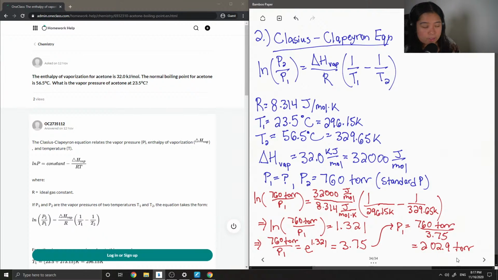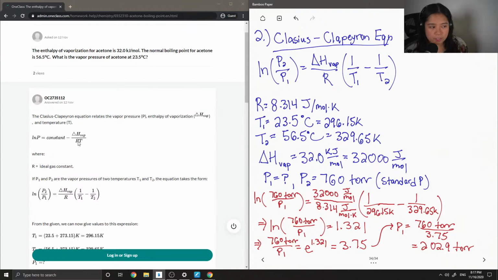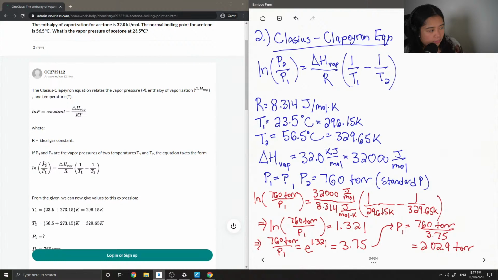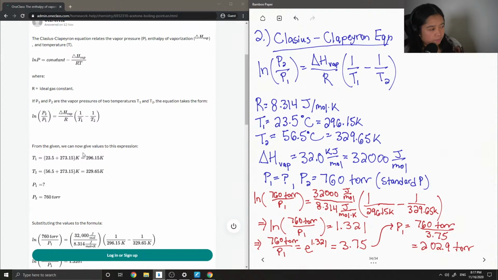Okay, so let's see what the junior tutor said. Clausius-Clapeyron equation relates the vapor pressure, enthalpy of vaporization, and temperature, where R is equal to the ideal gas constant. If P1 and P2 are the vapor pressures at two temperatures, T1 and T2, the equation takes the form ln P2 over P1 is equal to delta H vap over R times 1 over T1 minus 1 over T2.